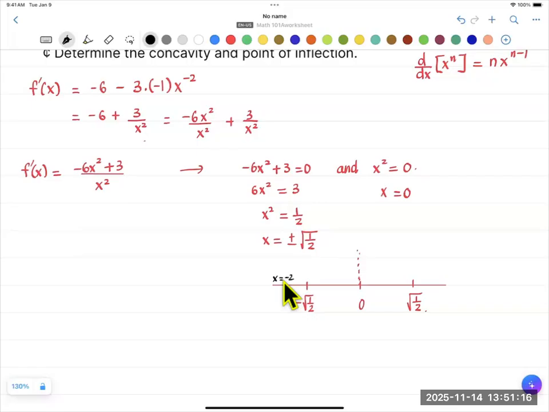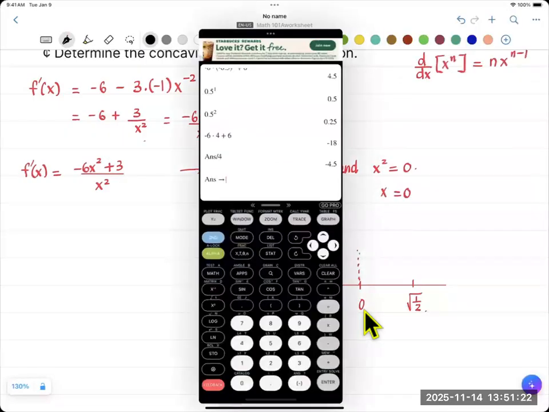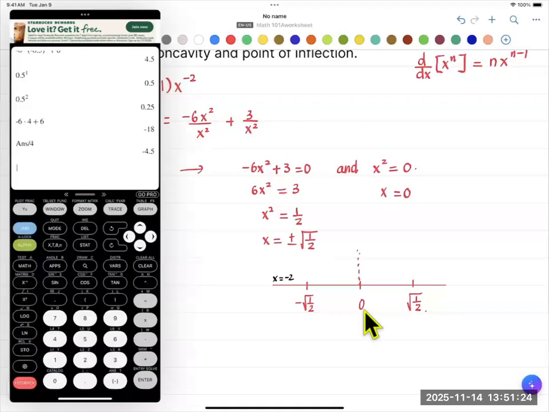And I want to find a number between negative root 1/2 and 0, so you can approximate that value in the calculator. This is about negative 0.7, so I will pick the value negative 0.1. Then here I will have 0.1, and the last number I will test will be 2.